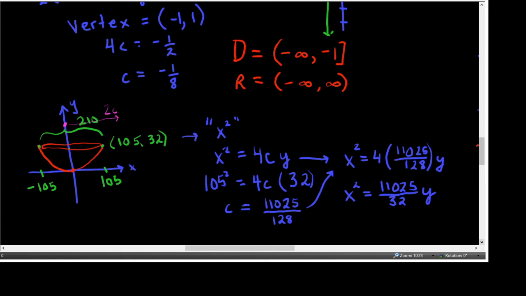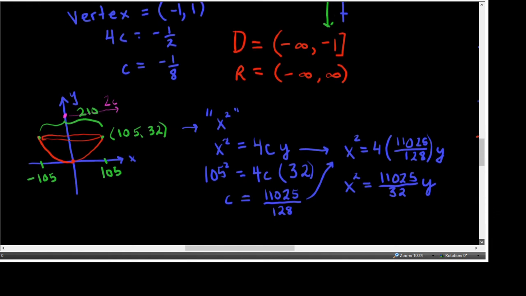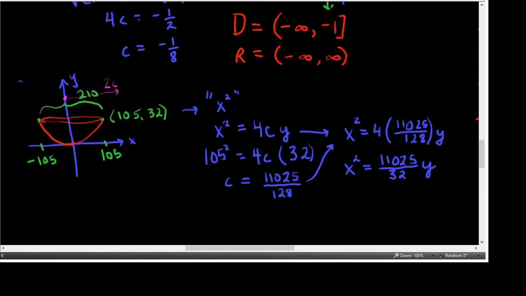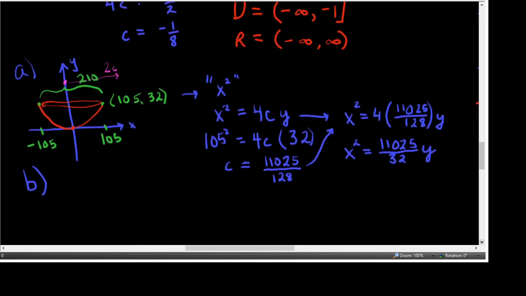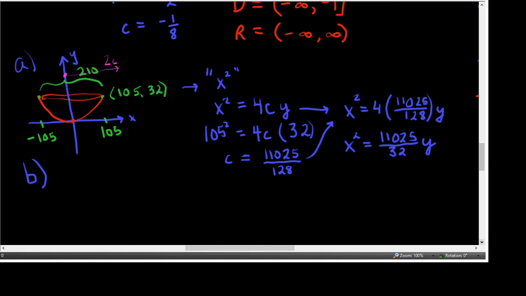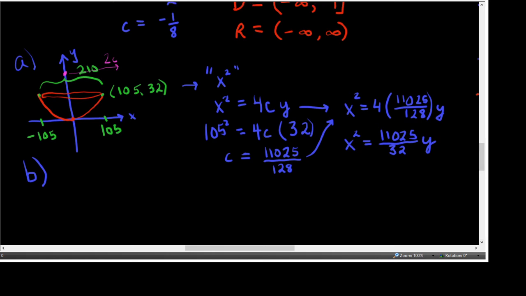All right, so this was part A to find that equation. So we finished that. In part B, I guess I should have labeled this part A, and this will be part B. If we wanted to find out where the focus is, when we found c, that's how far we're moving from the vertex, in this case upward, to get to that focus.